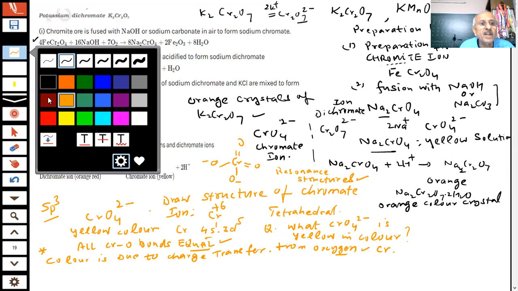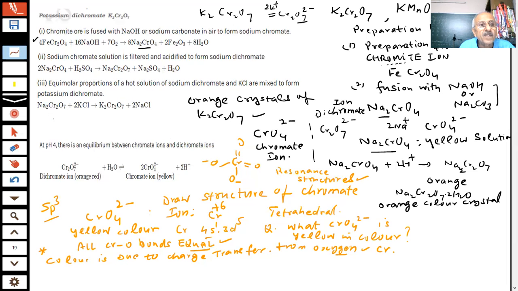Dichromate ion, Cr2O7 2 minus. This is orange in color. This is yellow. And an important thing is that the two ions are interconvertible.